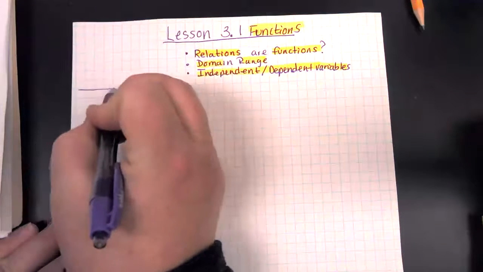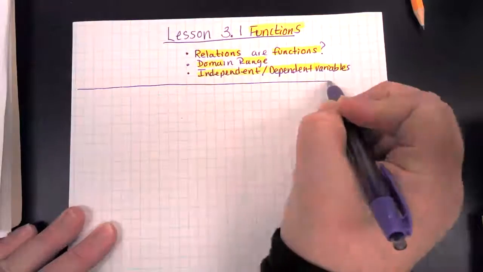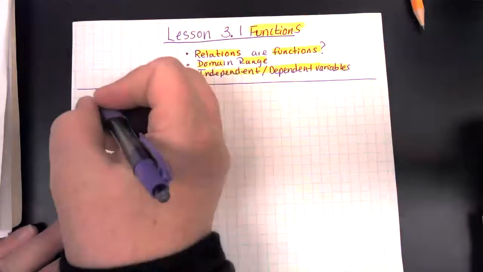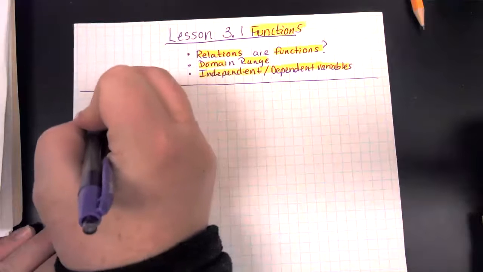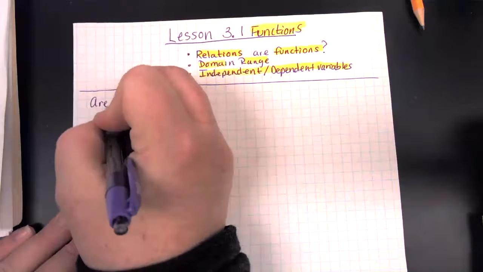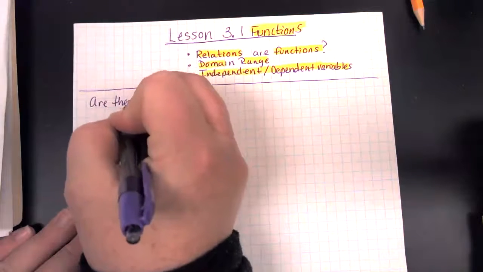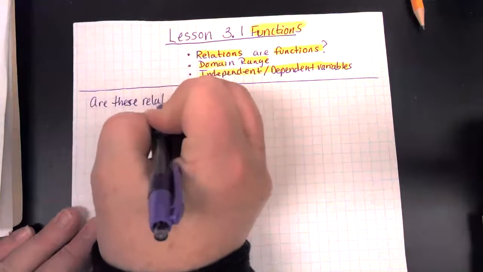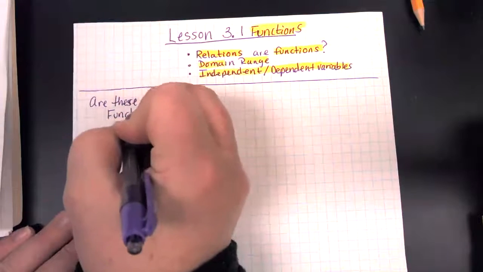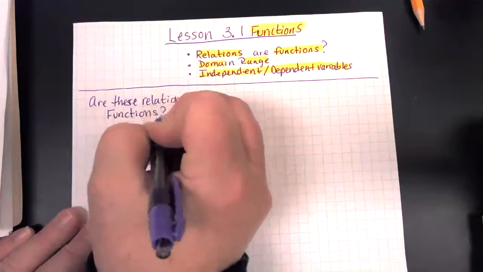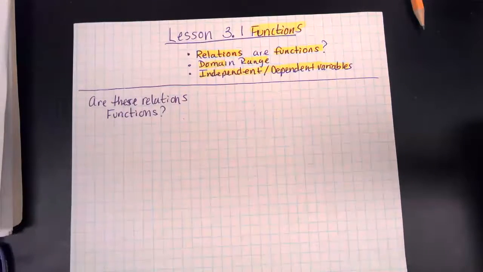Let's notice that I'm working on some graph paper here. You don't have to have that, but I'm just going to determine whether these relations are functions. Okay, wow, I just said 2 vocab terms.